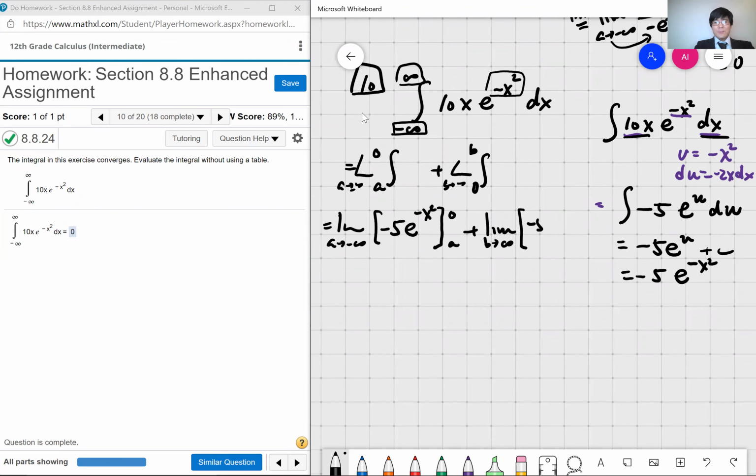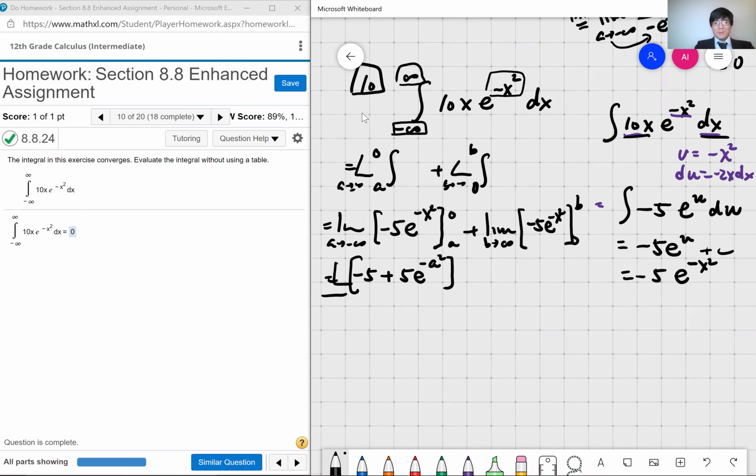And this is negative 5 e to the negative x squared, 0 through b. Plugging in 0, it's going to be negative 5. Plugging in a, it's going to be 5 minus 5 e to the power of minus a squared.